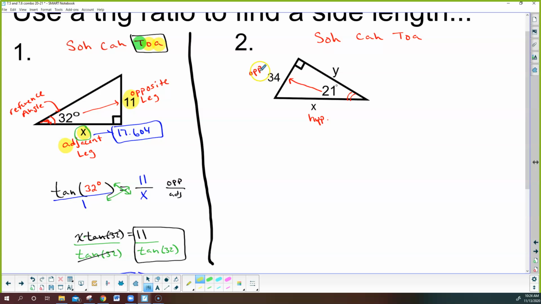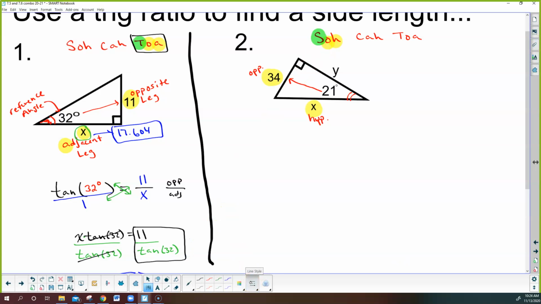What do we know? We know the opposite side, so I'm going to use either sine or tangent, the ones that have the O in them. But they want me to find the hypotenuse, and the only ratio that has both the opposite and the hypotenuse is the sine function.